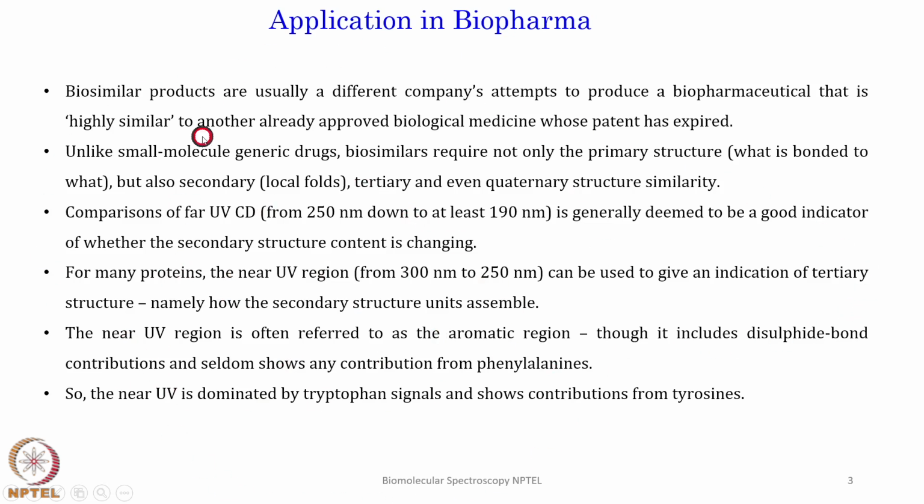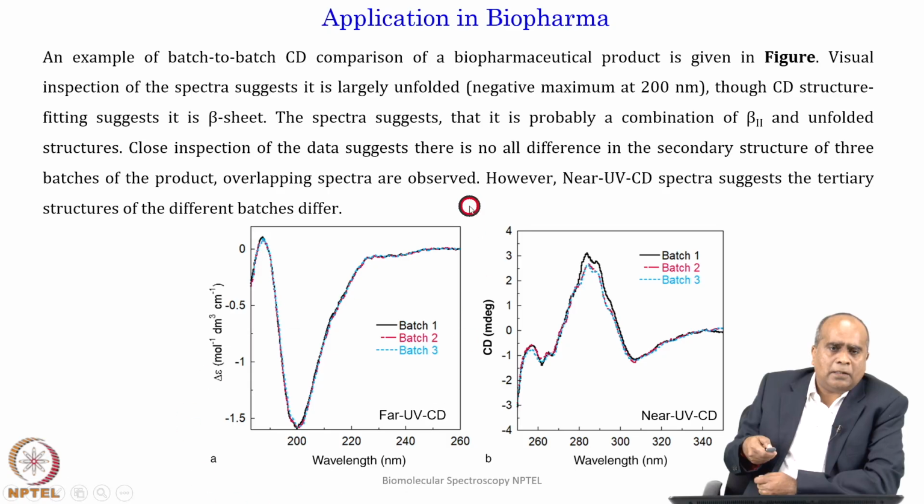If the far UV CD and near UV CD match very well, you are sure that your molecule is very similar to the RLD molecule. Here are 3 batches of a biologic drug. You can see batch 1, batch 2, batch 3, extremely overlapping, right.